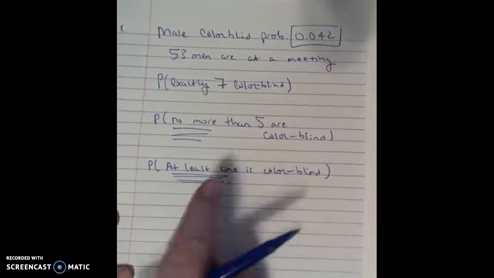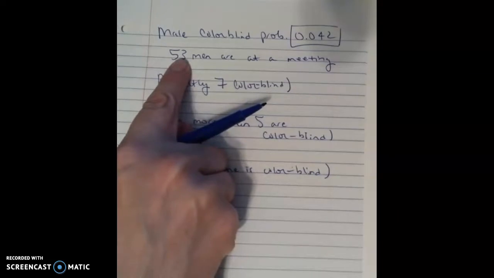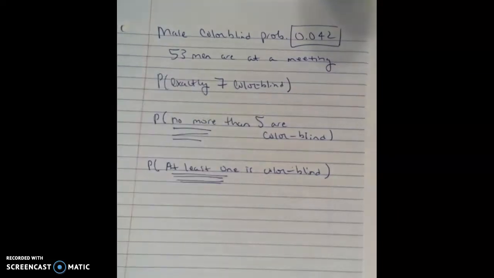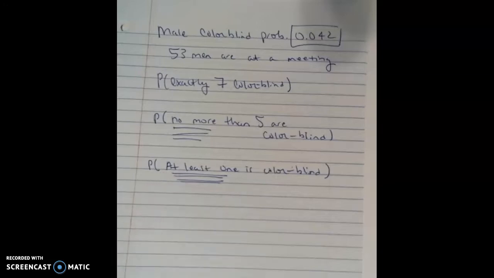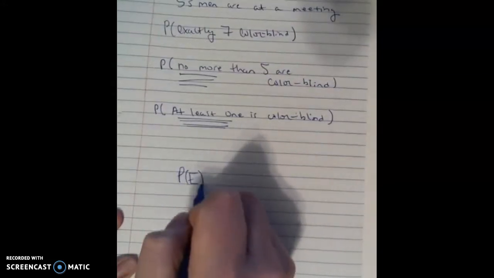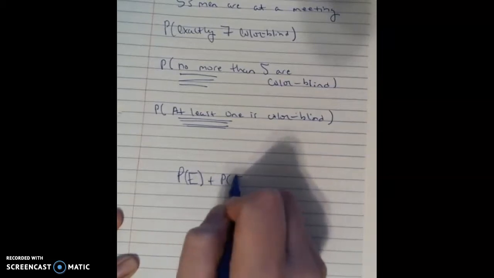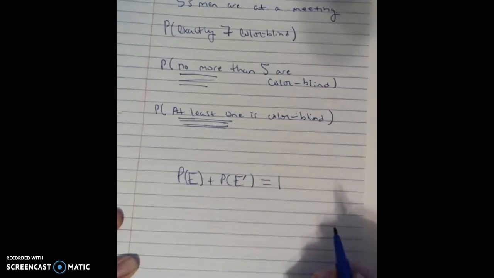Now be careful on this one because you have 53 people. So you probably don't want to add up 52 different numbers, right? You know, that doesn't sound like fun. So think about an easier way to do this one. And I'll give you the hint. Remember the complement, that the probability of an event plus the probability of not the event happening has to equal 1 or 100%.